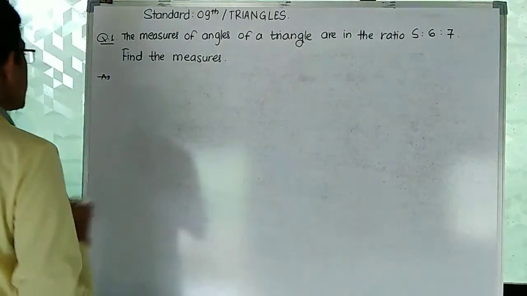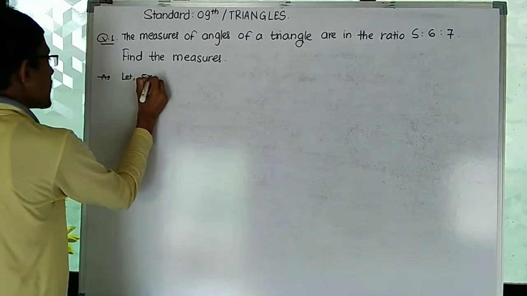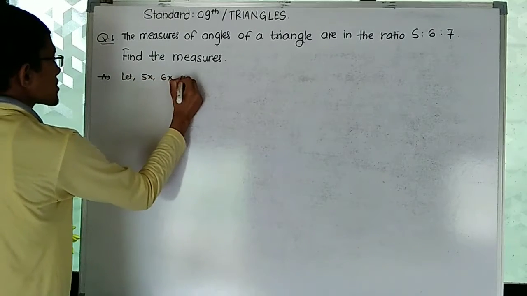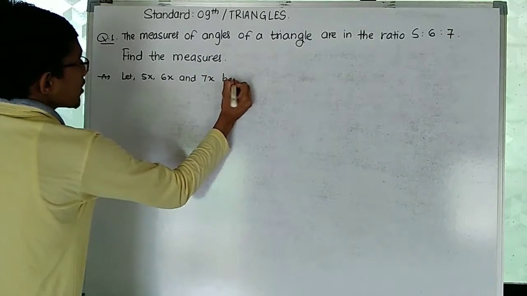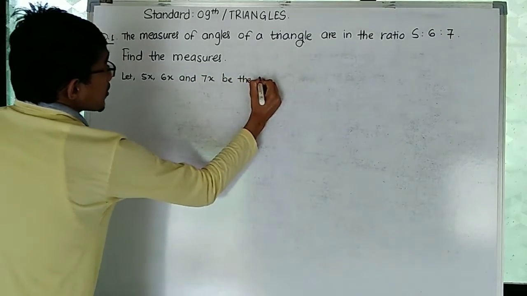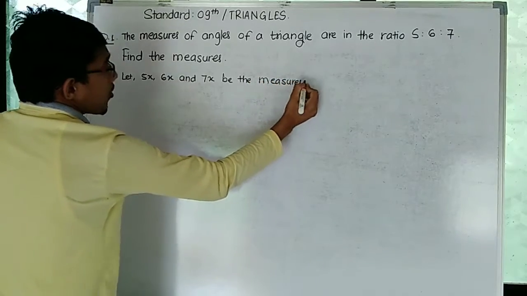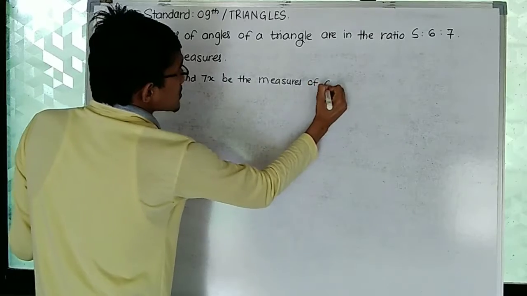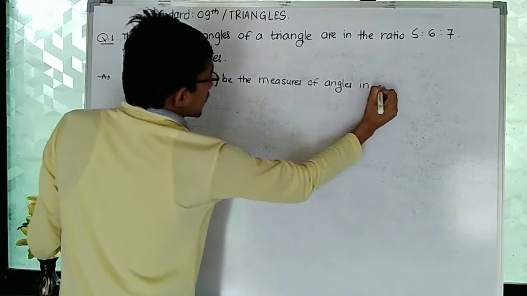So I will consider x as the constant of proportionality. So I will get, let 5x, 6x and 7x be the measures of angles in a triangle.